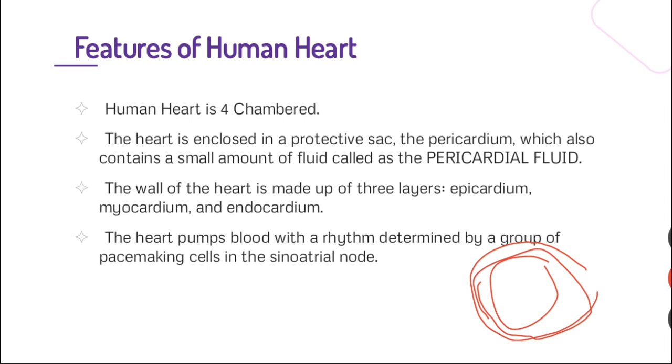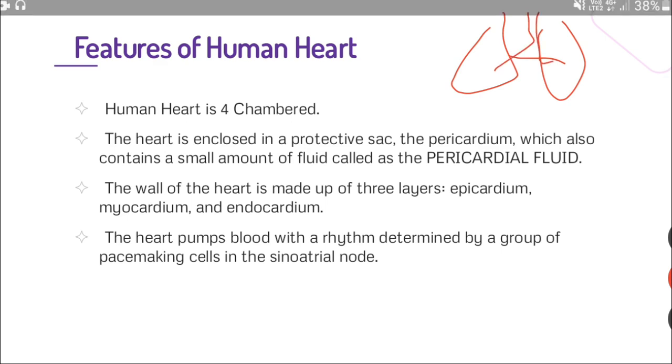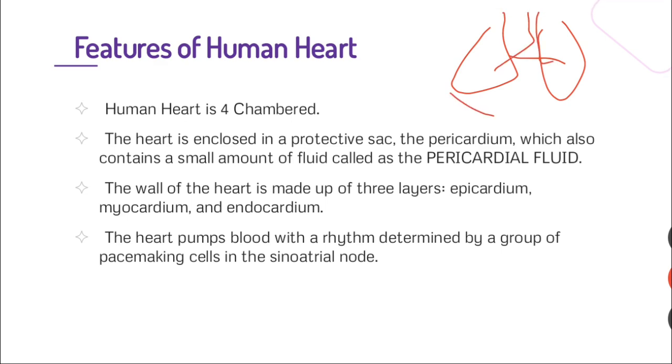And also, if these are your lungs, these lungs also have a protective membrane called the pleural membrane, and in that you have the pleural fluid present, and this fluid also protects from shock.